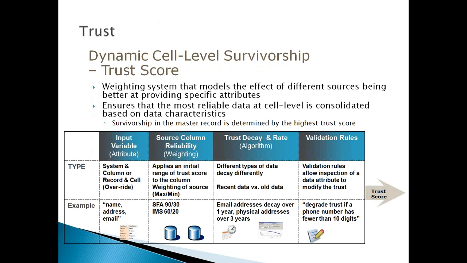So trust is basically decided by the business. So business owners will be there for each and every system. What we can do from our side is analyze that and prepare a report and give it to them, that from the customer table these are the 5 or 10 columns, and for this column I am getting data from these systems.